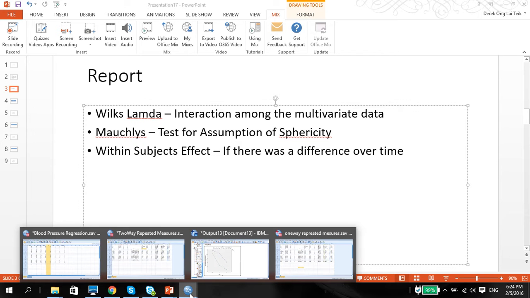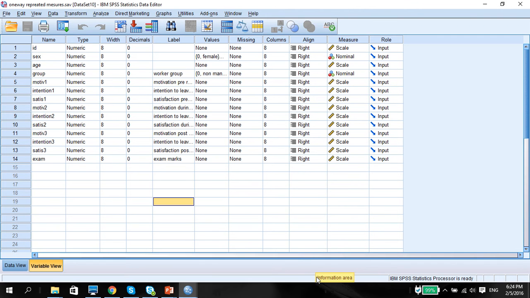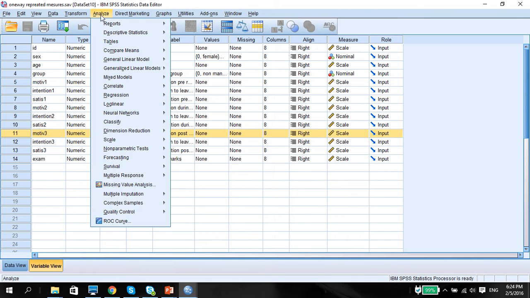So now let's look into our data. For a one-way repeated measures, this is our data. We are going to see if there's going to be a difference in motivation levels pre, during, and post restructuring period. So here we go.